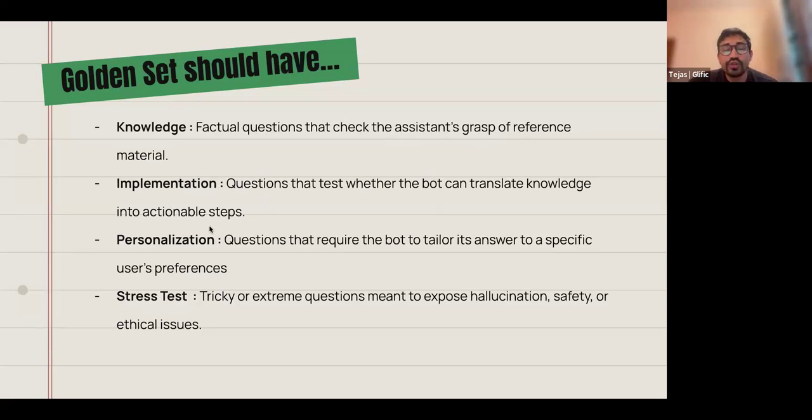Then the golden set should also have questions about personalization, which require the AI to tailor the answer to a specific user's preferences. For example, in an education case, you might say that this learner is 10 years old, versus a learner who is 15 years old, or someone who is 21 years old.